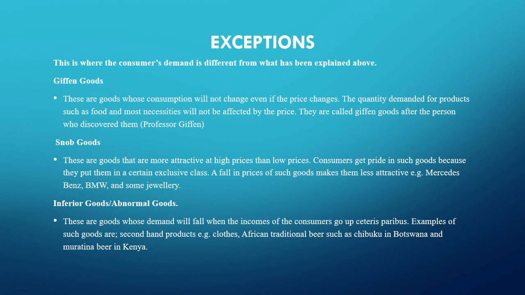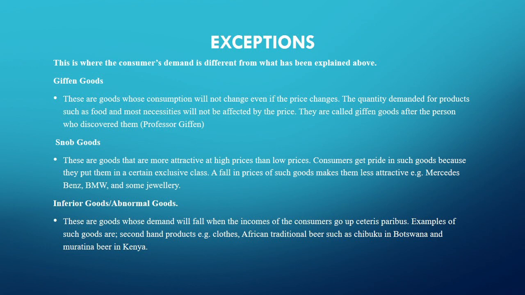The last classification is the inferior goods or abnormal goods. These are goods whose demand will fall when the incomes of the consumers go up. Ceteris paribus. Examples of such goods are second-hand products, such as second-hand clothes, some traditional beer, such as Chibuku in Botswana and Munatina in Kenya.